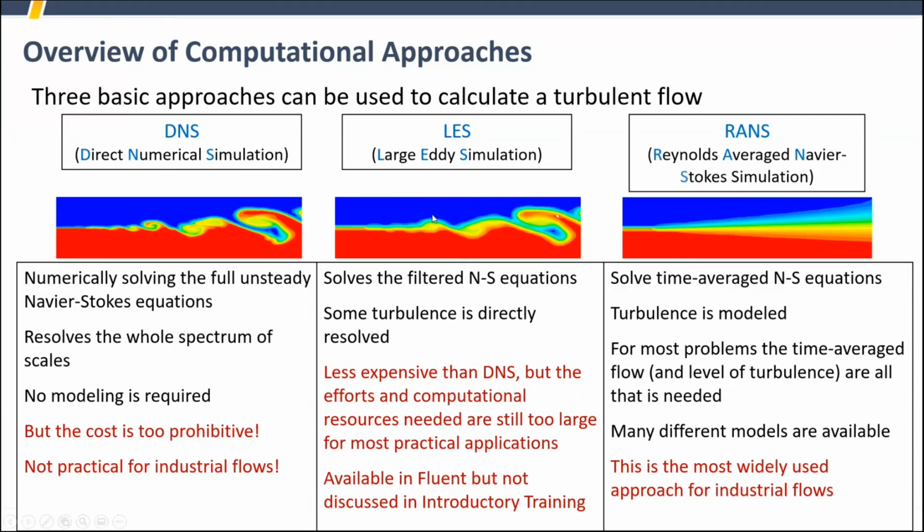The large eddy simulation is the next level. That one is sometimes used in industry, and I'll show you a model that I did to help with a support case. I just built a representative case, and what this one does is it tries to pick up the larger length scales, so these ones, but it doesn't pick up the smallest length scales.